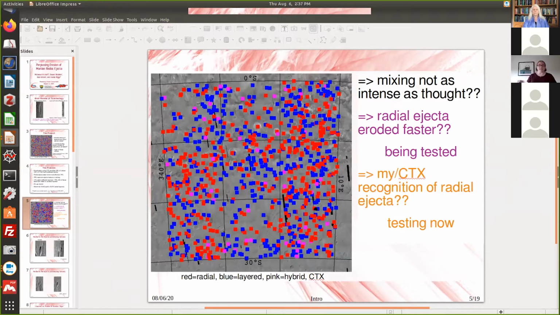And then finally, I was just curious too, is my recognition of radial ejecta, particularly in CTX imaging, actually valid? Am I interpreting things correctly, given that there's probably more expertise out there than my own on radial ejecta on Mars?